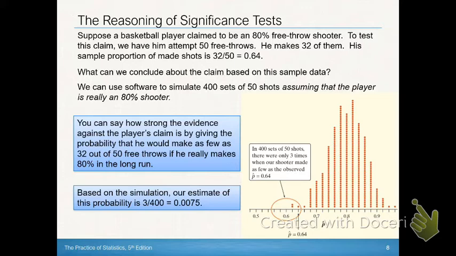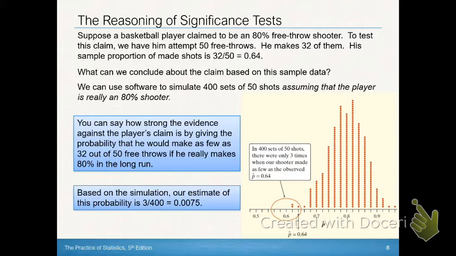There is some chance procedure, probably with technology, where you're making 80% of your shots theoretically, and then you see in a sample how many were made, and you put a dot for each of those. Now, we've repeated that process 400 times. There are 400 dots here, each of them showing the proportion made out of 50 if the person was in fact an 80% shooter.